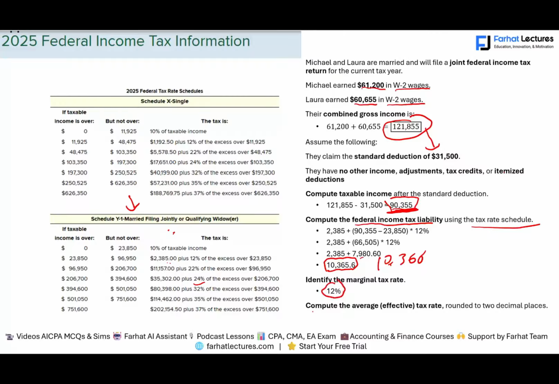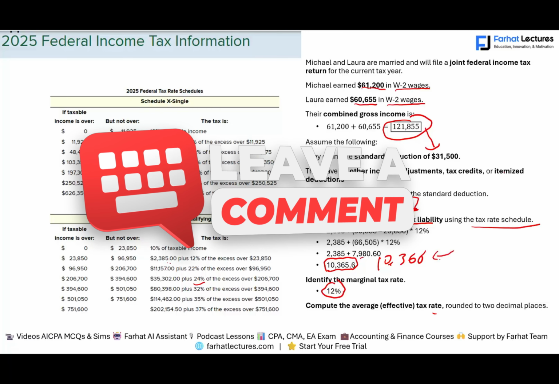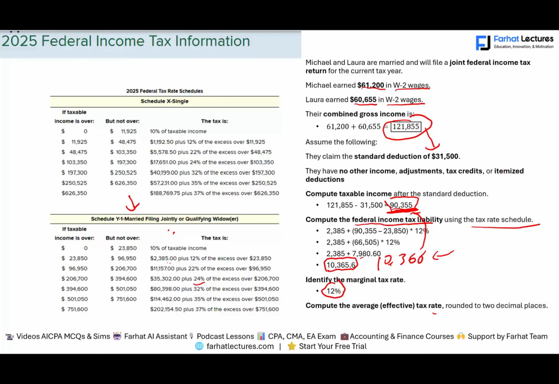Then we need to answer the question, compute the average or the effective tax rate. What is their effective tax rate? Well, the effective tax rate is the average tax rate. On average, how much did you pay? Well, I paid $10,366 on taxable income of $90,355. Therefore, if I take what I paid divided by the taxable amount, it should be less than 12%. It's 11.46, close to 12%.